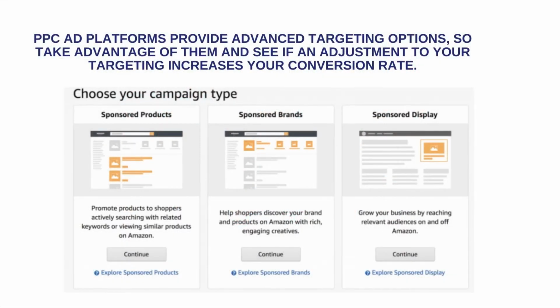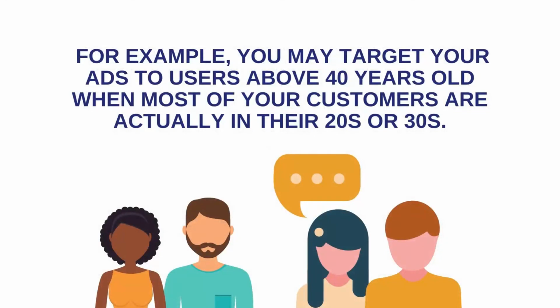PPC ad platforms provide advanced targeting options, so take advantage of them and see if an adjustment to your targeting increases your conversion rate. For example, you may target your ads to users above 40 years old when most of your customers are actually in their 20s or 30s. 3. Segment your audience.